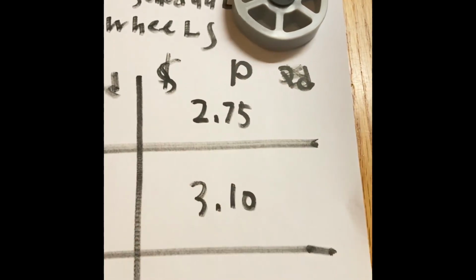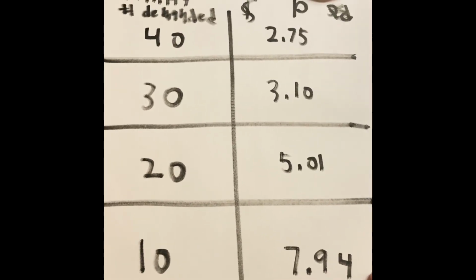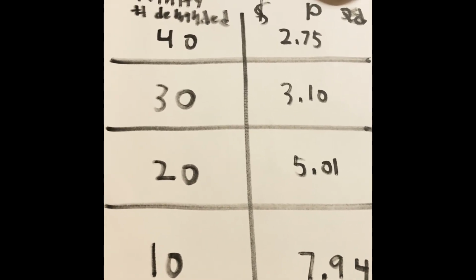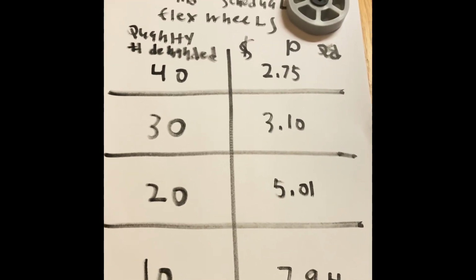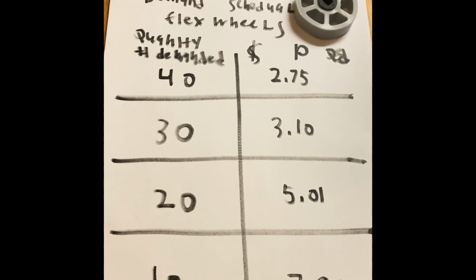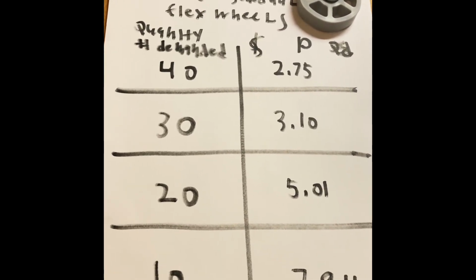But if there was ever a shortage and it was 7.94 per unit, then many people are not going to want to buy them. If there wasn't a shortage, then the company would try to find and attract people who are willing to pay that much money.